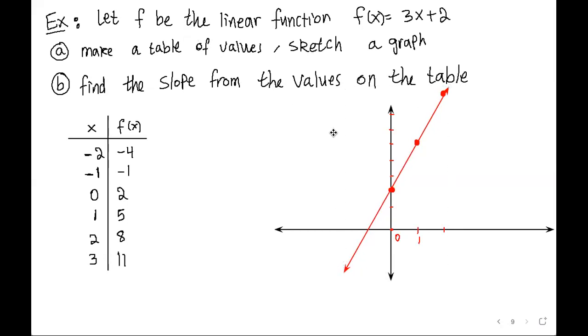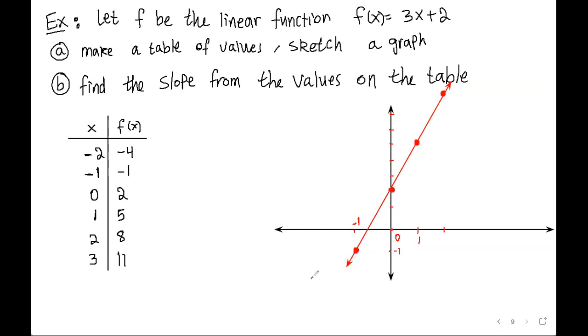Then we draw a line between these points. The same thing for negatives. At -1 is -1, so this is -1, like around here. It's not accurate, but if you do it on a graphing calculator, you will see this is -1 here.